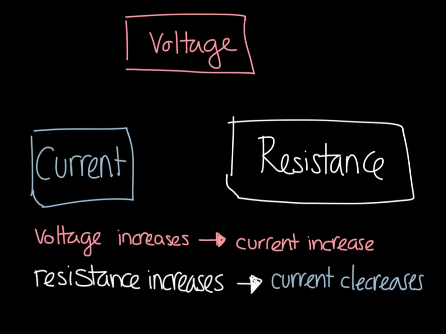And if I decrease the voltage, I decrease the current. However, if I make the resistance of a component bigger and make it harder for the current to flow, the current will then decrease. So when you're looking at a circuit problem, you need to think about the voltage and the resistance and the impact they have on the current.